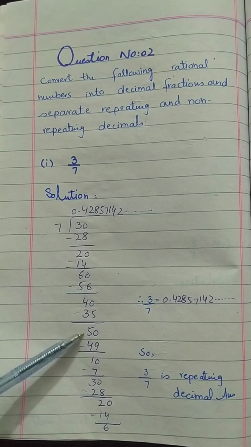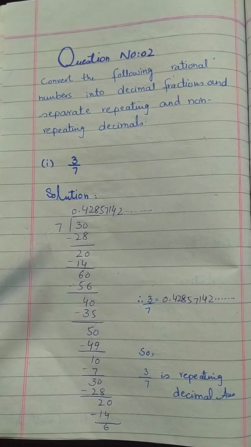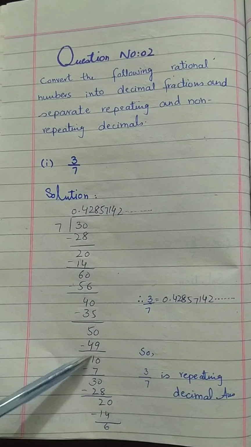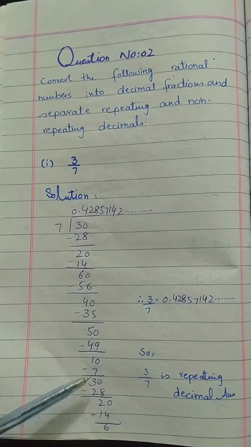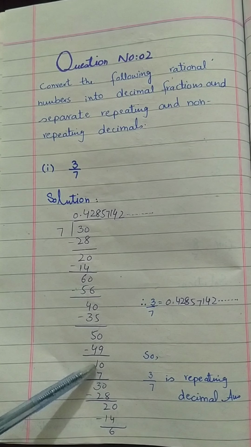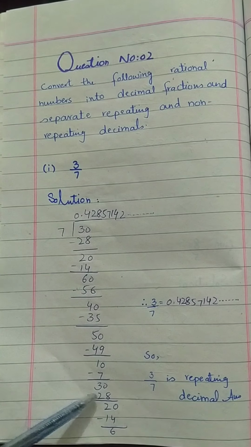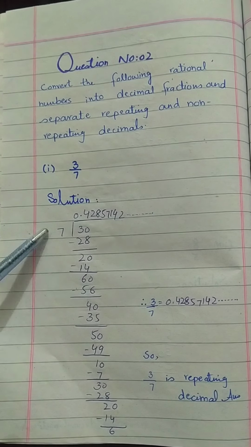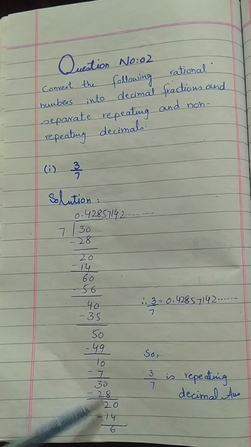We subtract 49 from 50 and get 1. 1 is less than 7. We put another 0 and it becomes 10. So 7 1s are 7 and we subtract 7 from 10 and get 3. 3 is less than 7, so we get another 0 and the value becomes 30. 7 4s are 28. We subtract 28 from 30 and get 2.